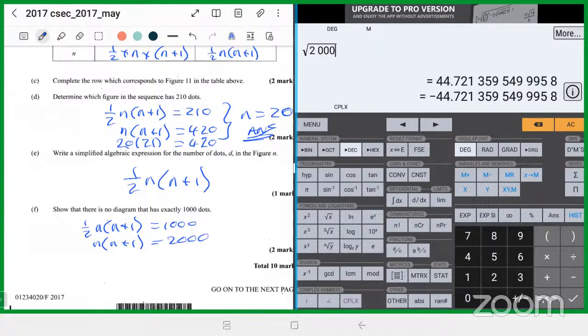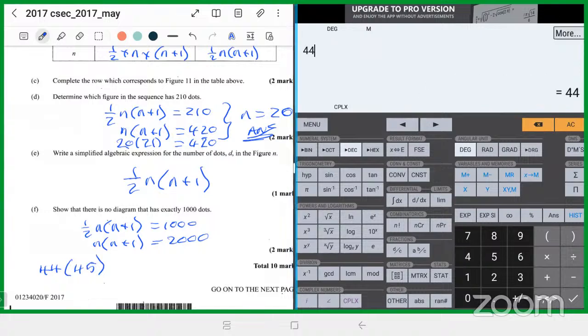So then I'm looking for 44 times 45. If I check 44 times 45, I'm getting 1980.